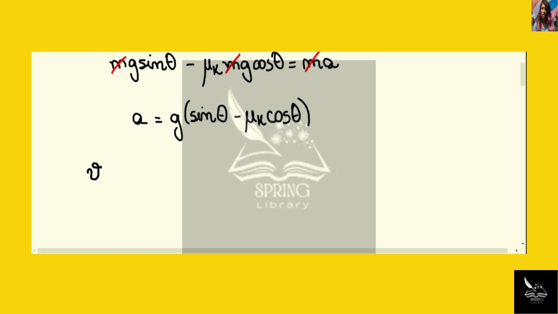Now we know from Torricelli's formula that for a block that starts with a speed v0 and has an acceleration a, v squared is equal to v0 squared plus 2 times the acceleration times the distance traveled.